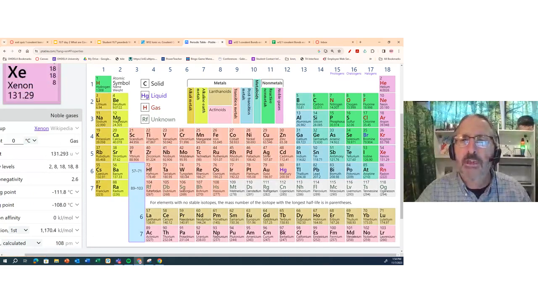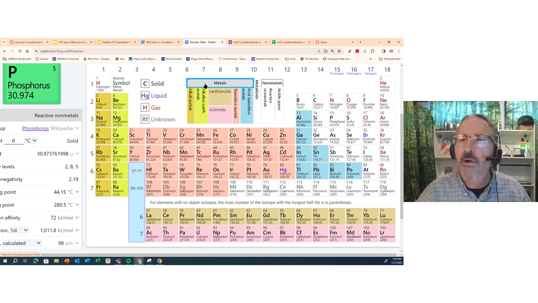But if it starts with any of the metals, like lithium, beryllium, not in the green, all the way to aluminum down that stair step, like lithium or silver or copper, then it's an ionic bond.